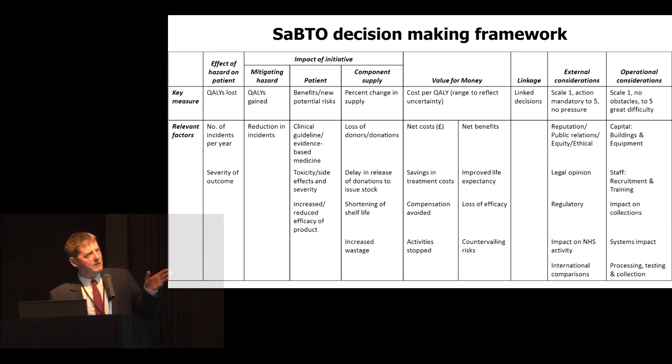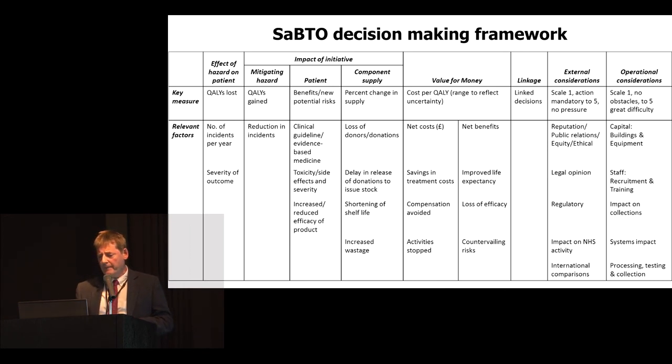Now, this is all probably a bit small for you to read if you're at the back, but as part of this decision-making framework, value for money is right in there, cost per QALY is in there, but there's a recognition that issues around the adequate supply of blood components, hazards for patients, operational considerations, external considerations, legal considerations. There's a wide range of other things that have been considered, and so cost effectiveness is just one part of the story.